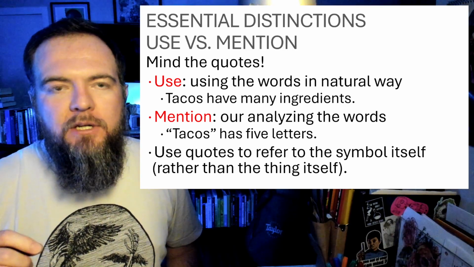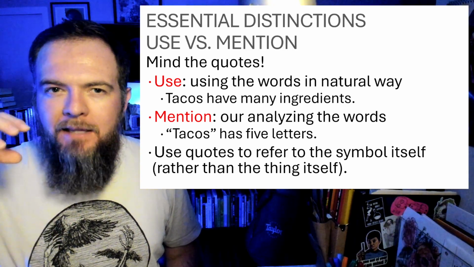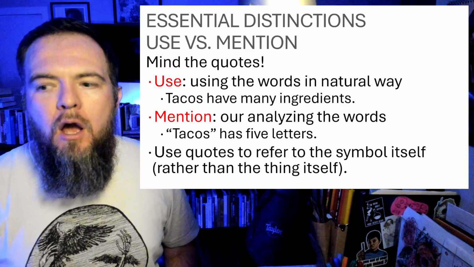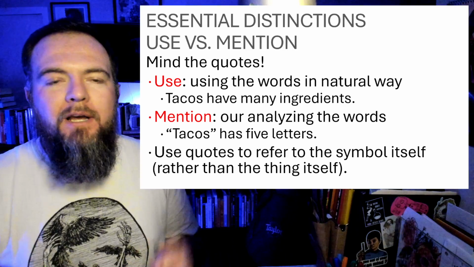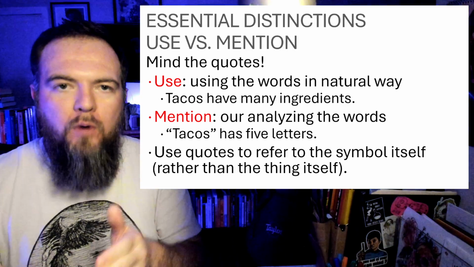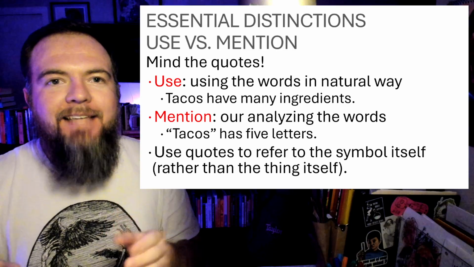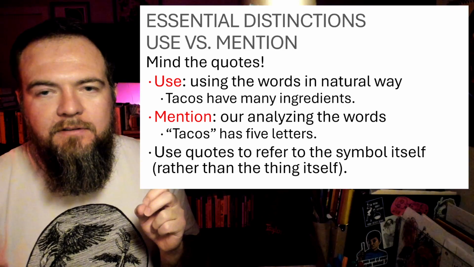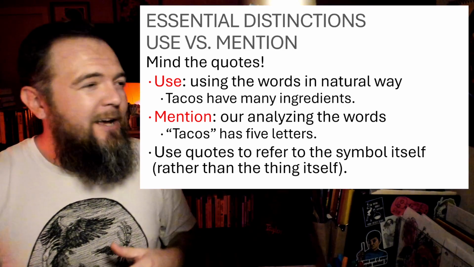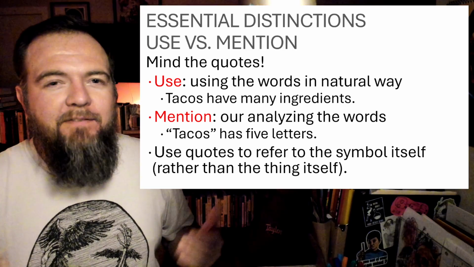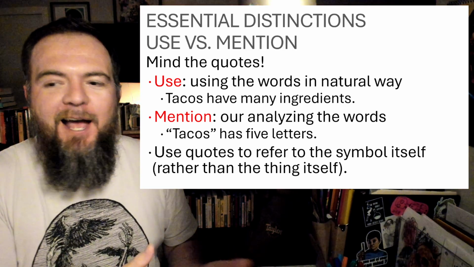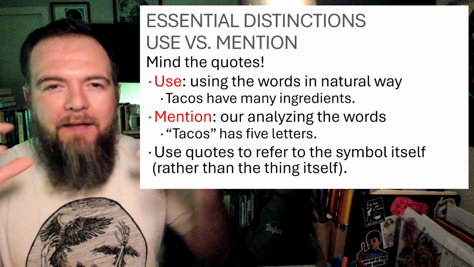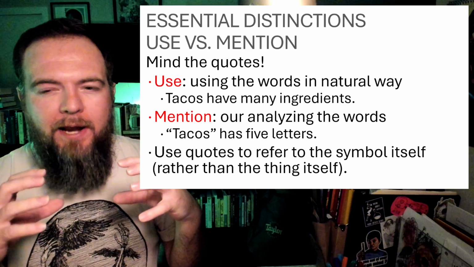Whereas in mention, again, we're going into that meta language. We're ascending in order to analyze what's going on. I can put the word tacos in quotes, and then I can say "tacos" has 5 letters. So you know that it would be absurd of me to say that tacos has 5 letters and I'm talking about an object. By using quotes, whatever I put inside of those quotes is what I'm trying to analyze.